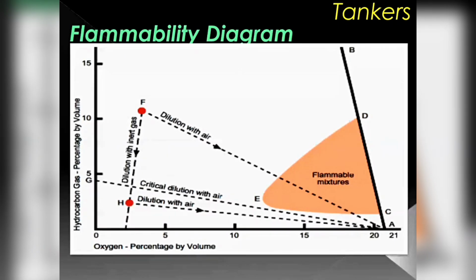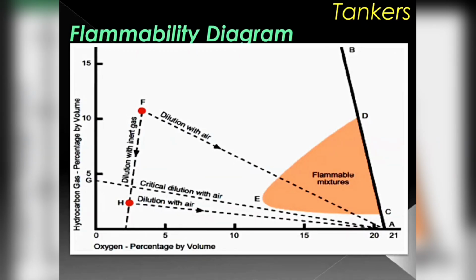So I can remove one side of the fire triangle. That's how they introduced inert gas. They put inert gas in the tank, and if the oxygen percentage is less than 11%, which is the minimum oxygen percentage required to sustain fire on board, then the atmosphere becomes safe.